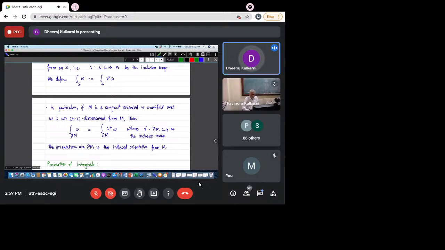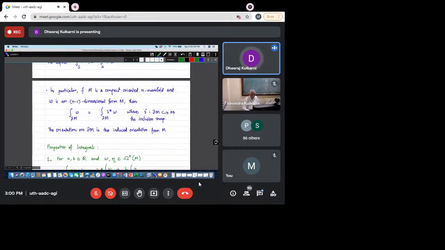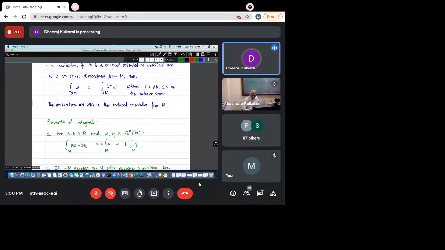Before I go towards the Stokes theorem, I first quote a few properties of the notion of integrals that we have defined. One is obviously linearity.